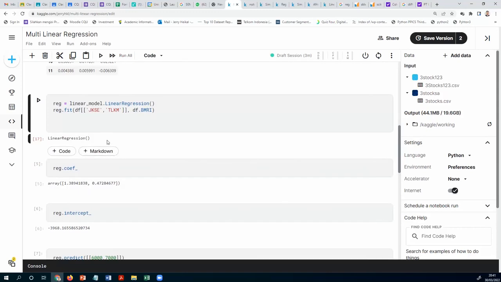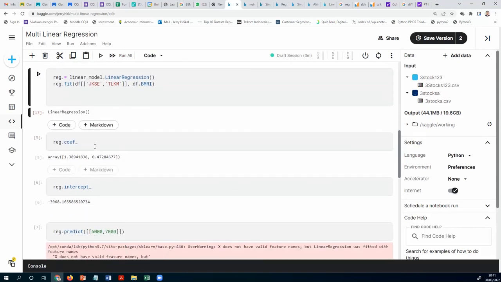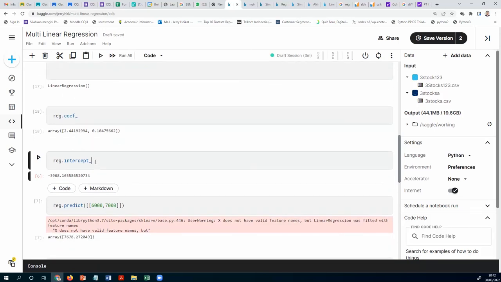Okay, so the linear regression is there. Let's see the coefficients. This is the coefficient of the Jakarta Stock Exchange and this is Telkom. Meaning Mandiri has a lower beta to Telkom compared to the Jakarta Stock Exchange: 2.22 from the Jakarta Stock Exchange, and only 0.104 from Telkom. And the intercept, the constant, is minus 0.01.